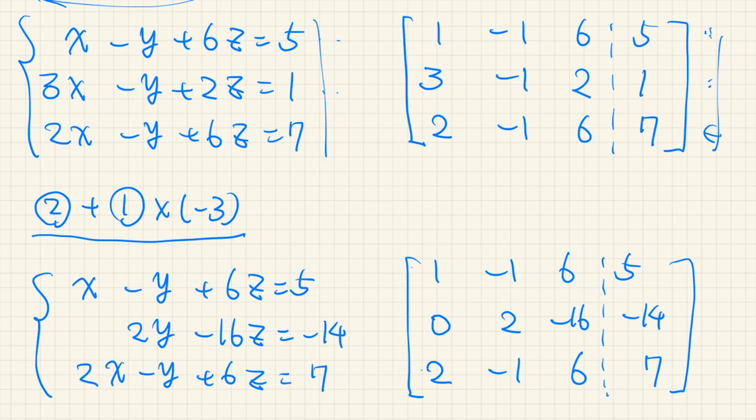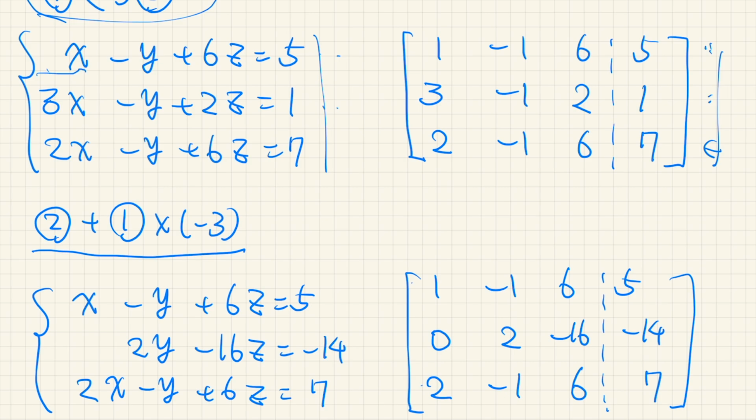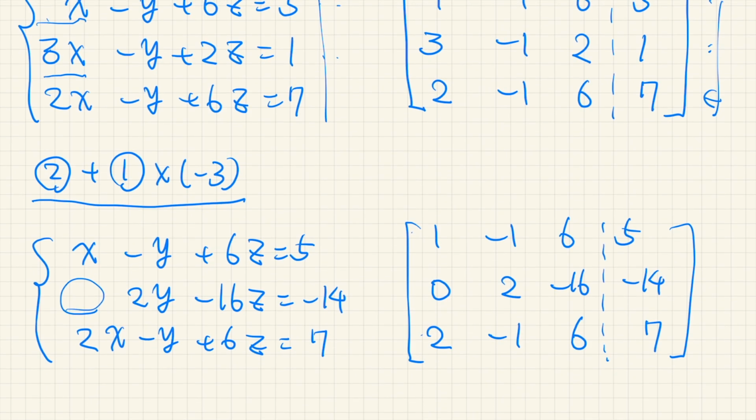Since the first row was multiplied by -3, and we added that to the second row, -3x plus 3x becomes 0. So the x disappears here in the second row. Otherwise, the first row and the third row are unchanged. And same for this augmented matrix.